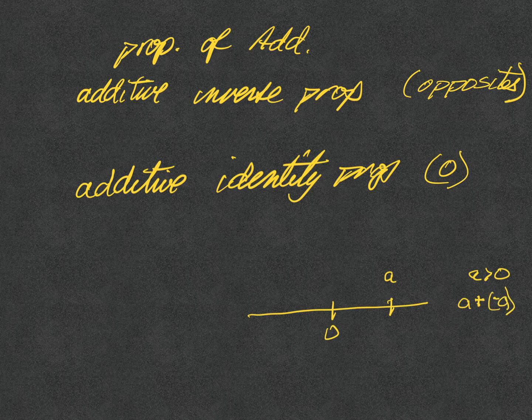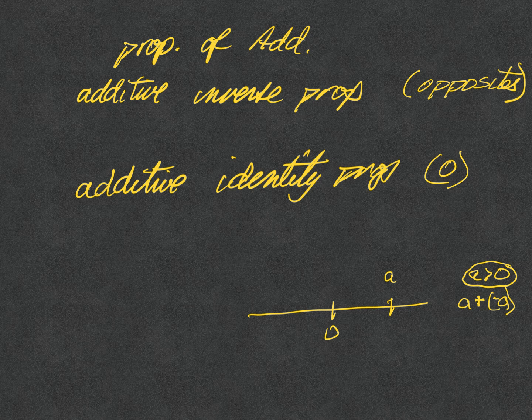Now, if I go to what I just did, I'm now adding a negative number. Now notice negative a is negative because I said a is positive. Saying a is greater than 0 means it's positive, okay? So a is positive in this case, not because the sign is positive, but because I said a was positive.